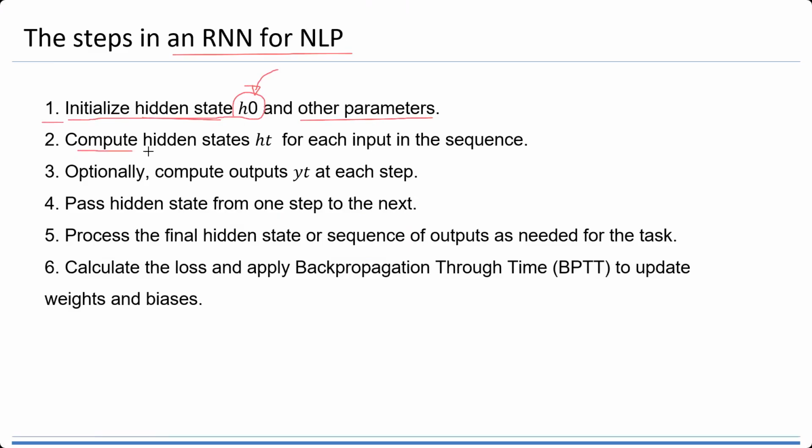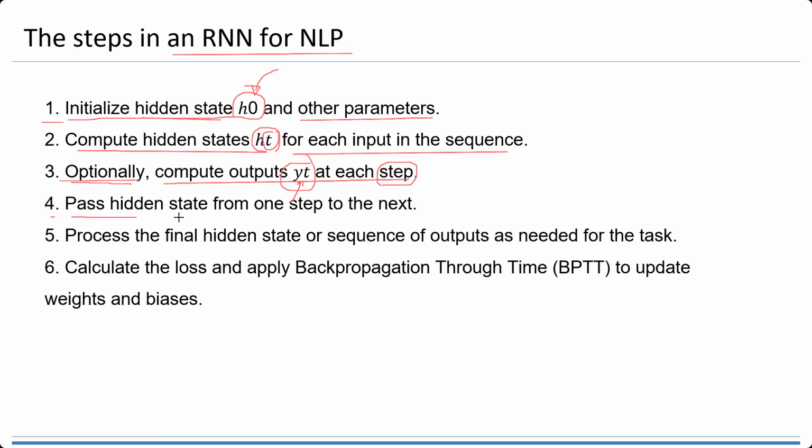Next, we compute the hidden states, or the HT, for each input in the sequence. T represents state number 1, state number 2, state number 3, and so on. Optionally, compute outputs YT at each step. Optionally means it is optional whether you want the output at every step or at the final step. We will check the variants of RNN later.